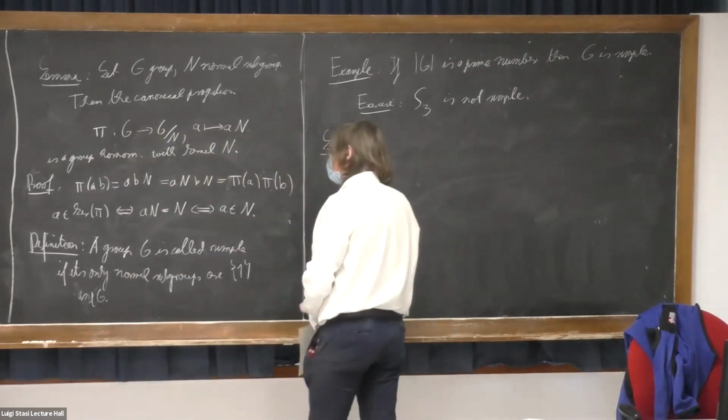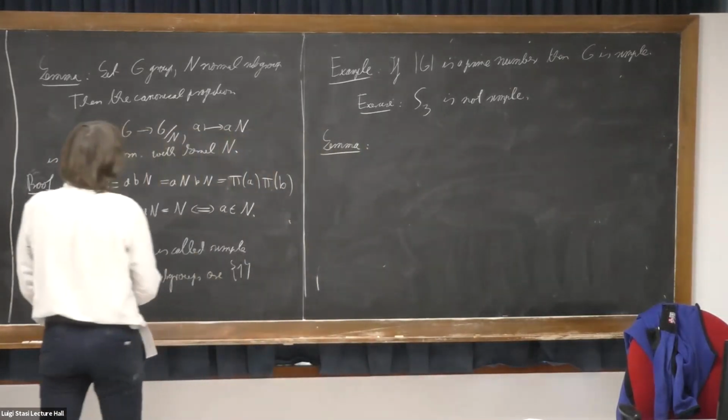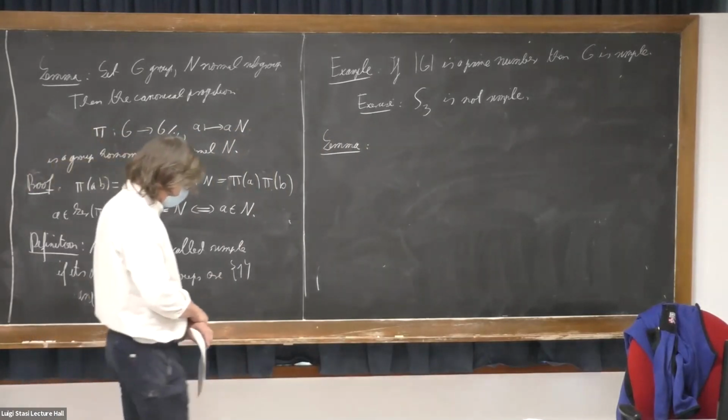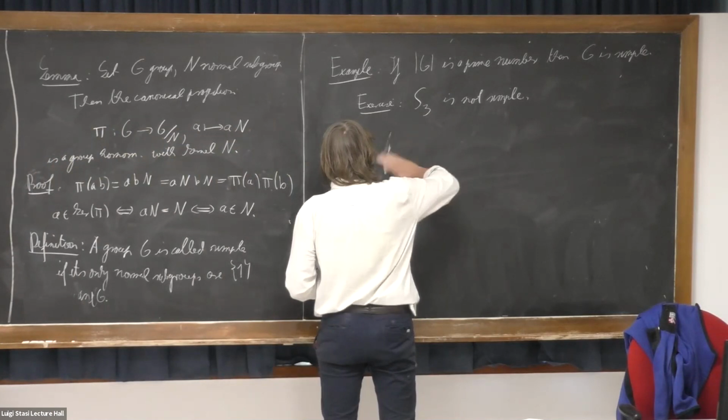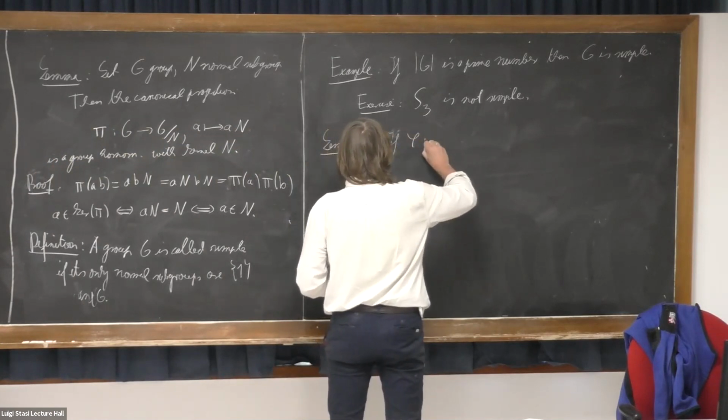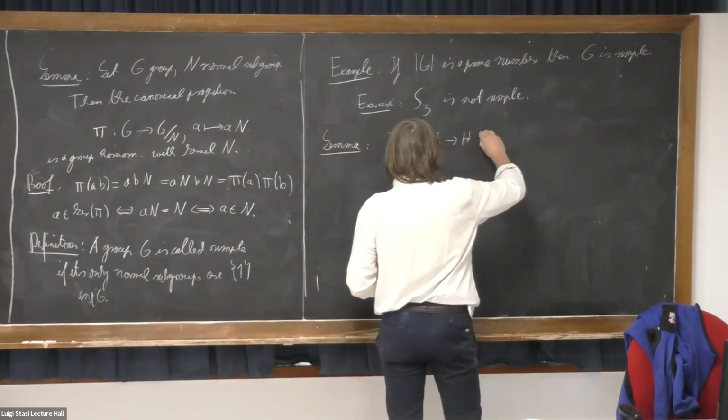We have introduced the image and the kernel. So P from G to H is a group homomorphism.